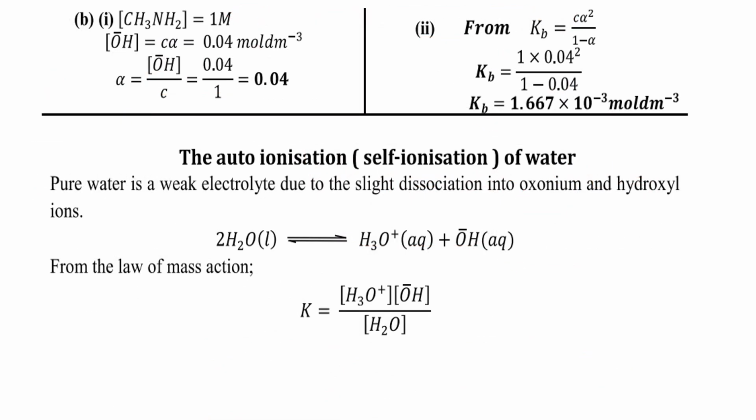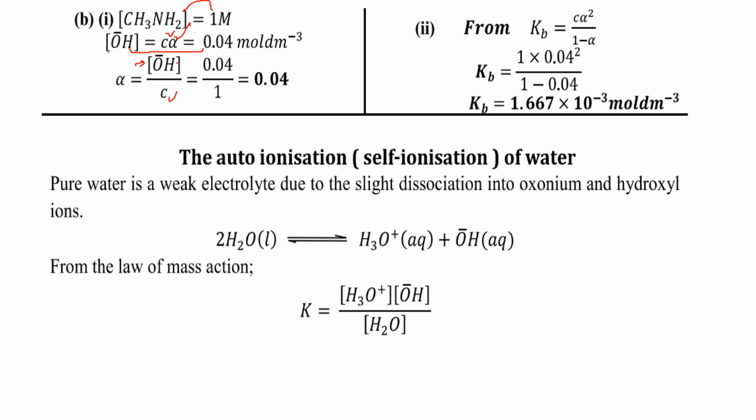B, molar concentration of methylamine is 1 molar, and molar concentration of hydroxyl ions can be given by the formula concentration times degree of dissociation, which is equal to 0.04 mole per decimeter cubed. Molar concentration of hydroxyl ions is equal to this. So we make alpha the subject. It's going to be molar concentration of hydroxyl ions divided by concentration.